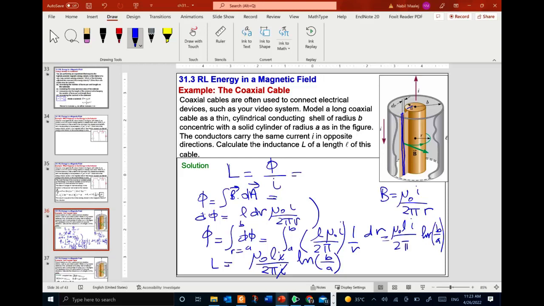of this cable. Okay. Now, not only does it have inductance, it also has capacitance. Remember, we had a very similar problem when we were trying to determine a capacitor. So you can think about this as the inner plate of a capacitor, and this is the outer plate of the capacitor, so it's like a cylindrical capacitor, as we did before.